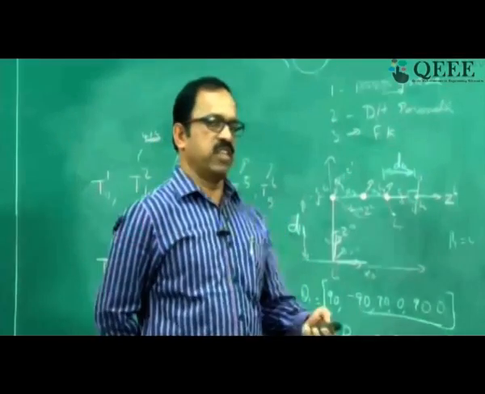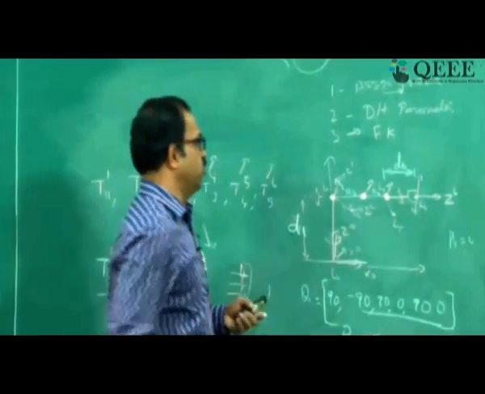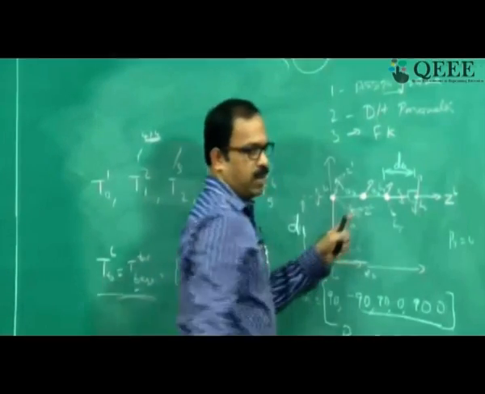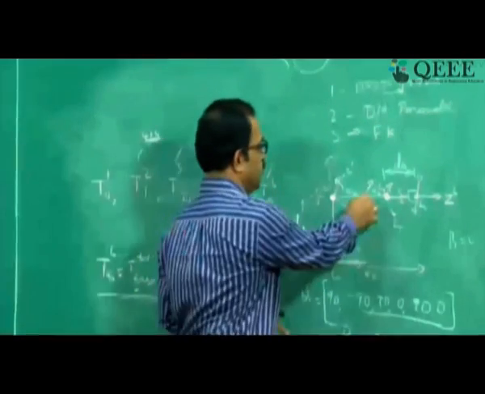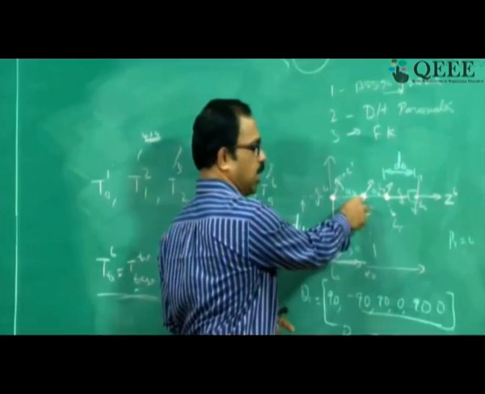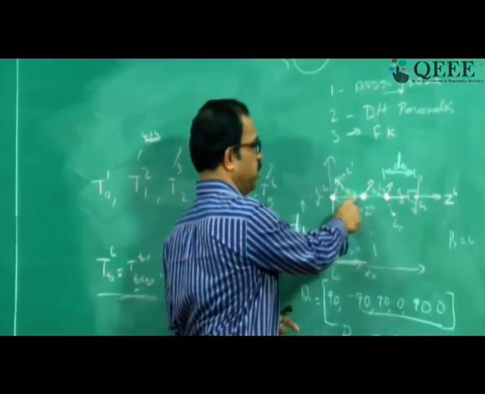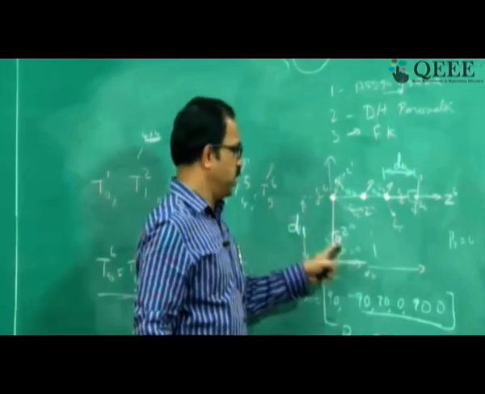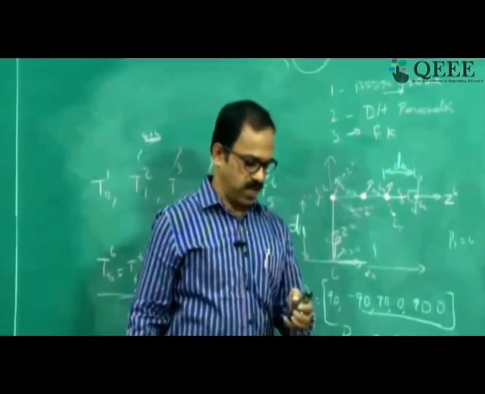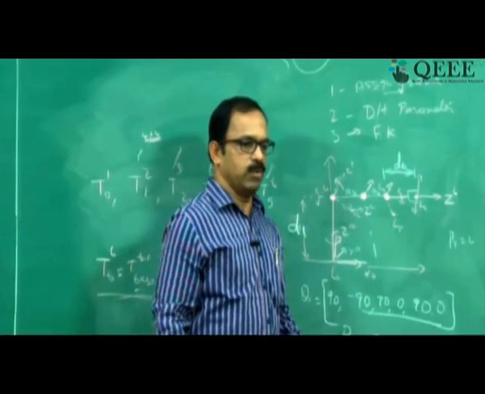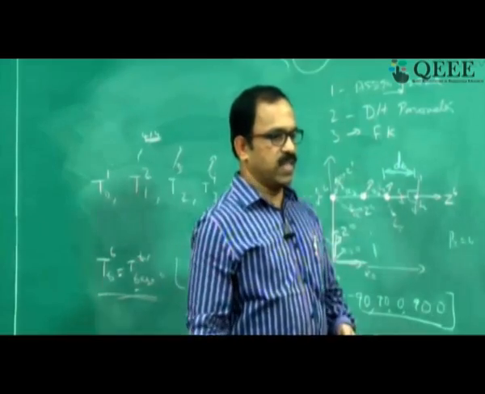If you want to check this as a partial cross check, you can find out up to this position what the position is here. This is the elbow, and you want to check that your elbow part is correct. Your Px should be equal to A3 and Pz should be equal to D1. That is a cross check. So this is A3, 0 and D1.